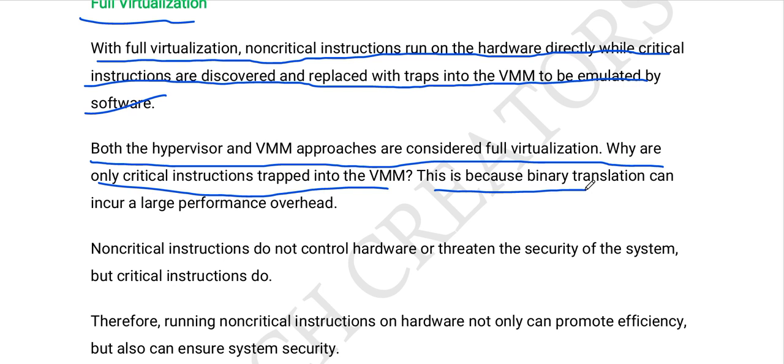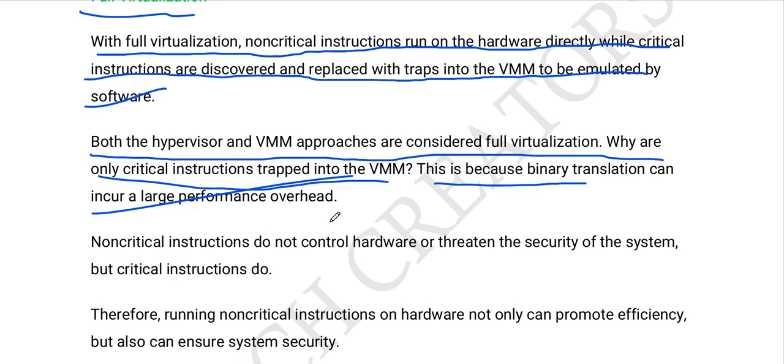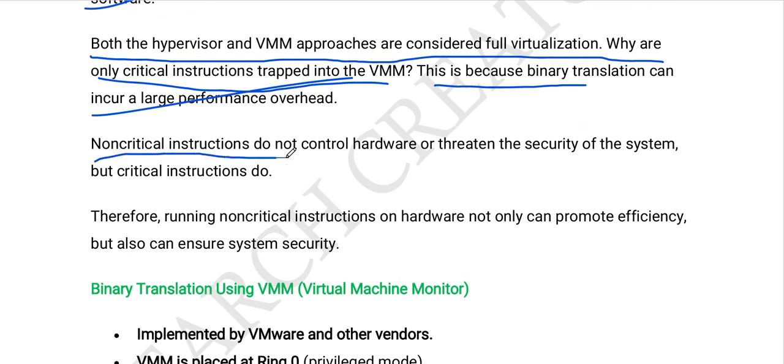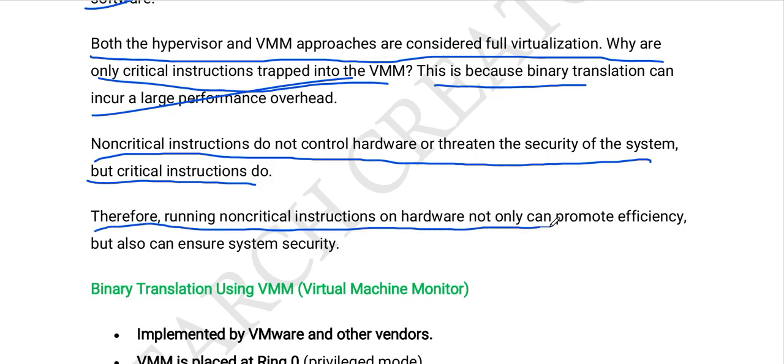Non-critical instructions do not control hardware or threaten the security of the system, but critical instructions do, and they have some security constraints. Therefore, running non-critical instructions on hardware not only promotes efficiency but also ensures system security.